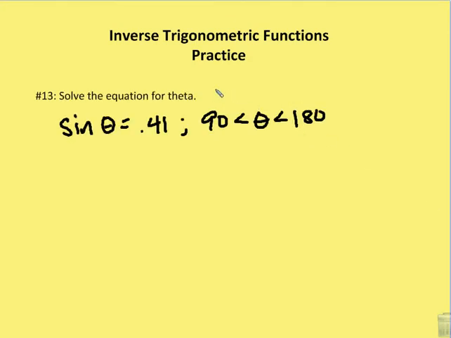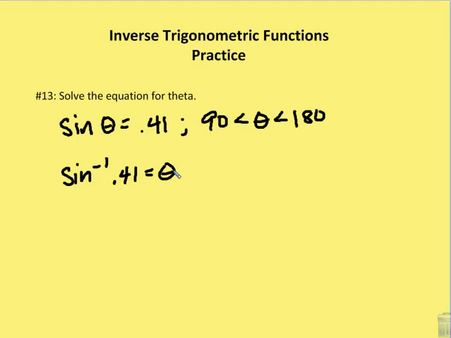In the next question, we're asked to take this a step further. What we're going to do is find the reference angle using an inverse trig function, say sine to the negative 1, where sine of theta is equal to 0.41, and then we're going to apply it to where theta should be based on the dimensions of the angle that were provided as part of the question. So I'm going to rewrite this as inverse sine of 0.41 is equal to theta, because that's what we learned.